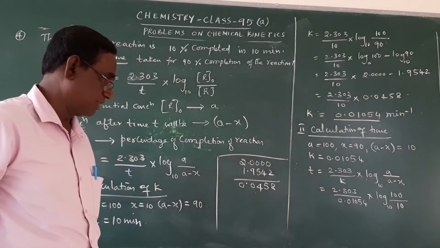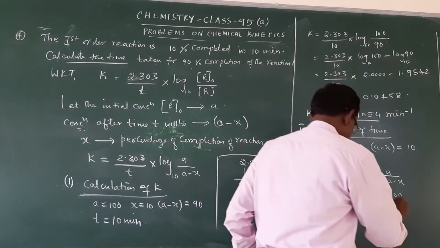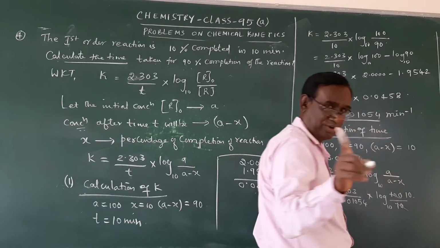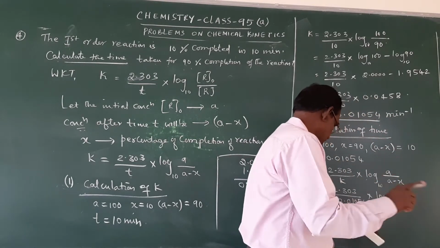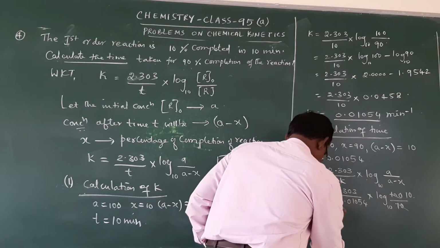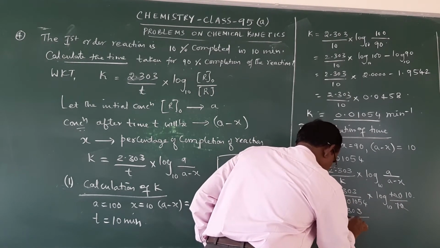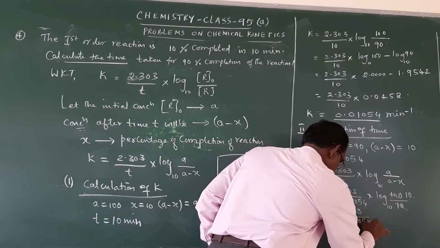Log 100 by 10 means 10 tens are 100. Log 10 to base 10 is 1, you know. Log 10 to base 10 is what? 1. So therefore we will be getting 2.303 divided by 0.01054 into 1, that's all.